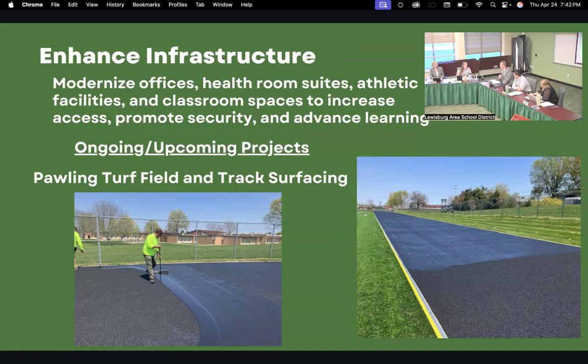Again, we're making progress. If you drive by, you'll see all the different pieces of equipment that are there, as well as all of the supplies. So looking forward for that to be done. Again, our turf field was done over the summer and in the fall.